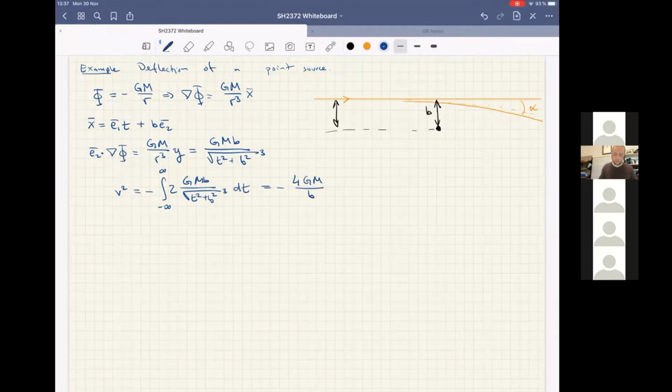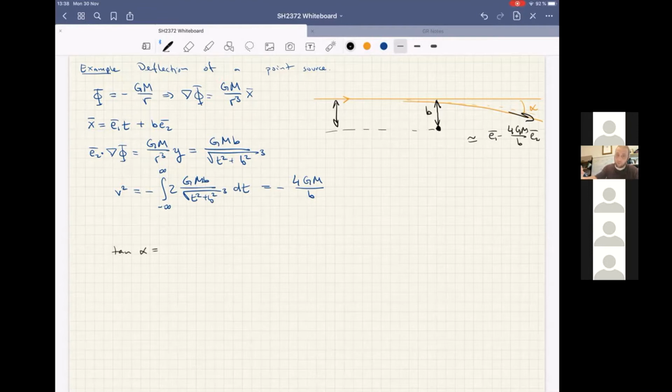So if we look then at the light velocity coming out here, that's going to be essentially e1 plus minus 4GM divided by b e2, well, approximately. And this means that if we look at the angle here, the angle alpha, that's going to be given by the tangent of alpha.